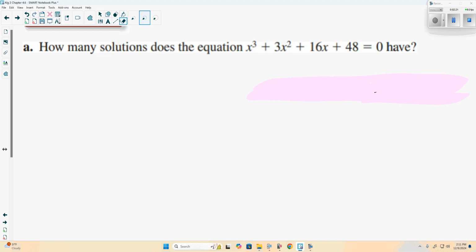If we look at this here, on the back of that first page, x cubed plus 3x squared plus 16x plus 48 equals 0. How many solutions will this equation have?